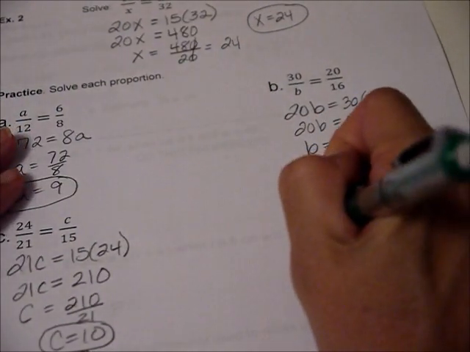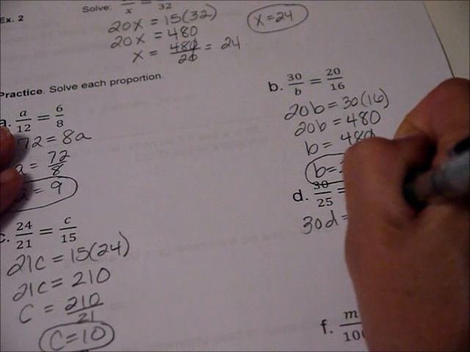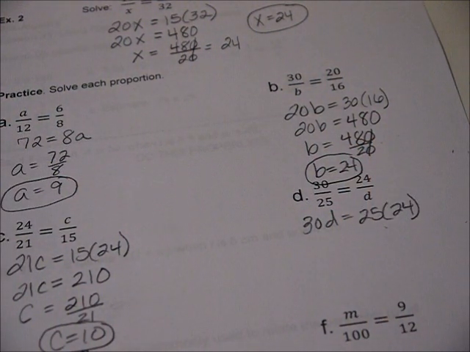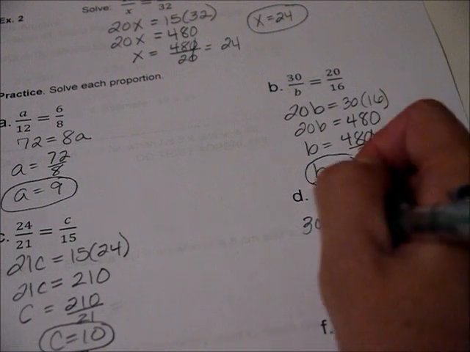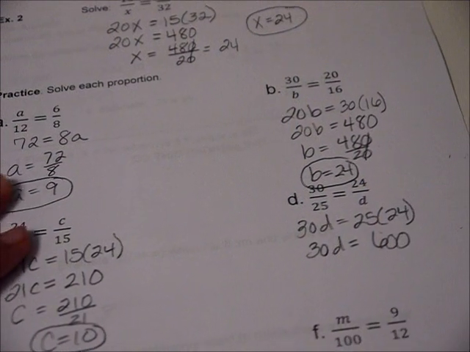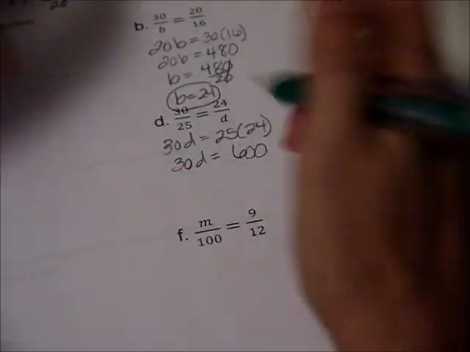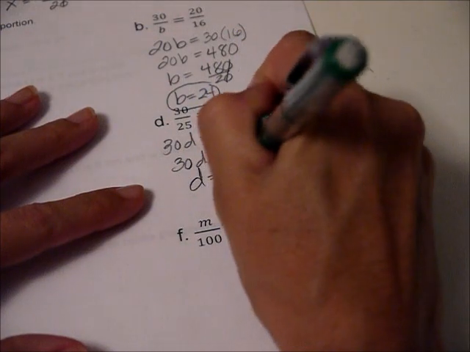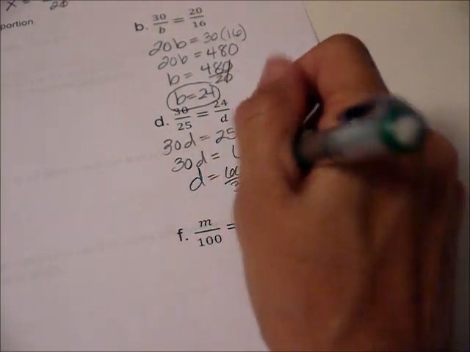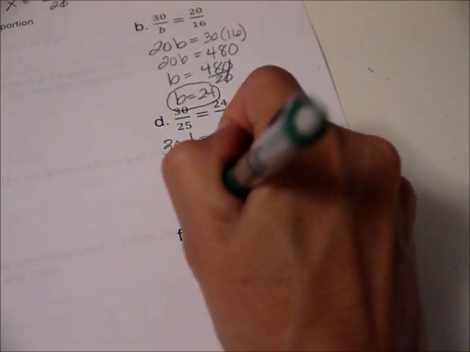Okay, the next one is 30d equals 25 times 24. Well, I know that 25 times 25 is 625, so this is going to be 600. So 30d equals 600. Divide by 30, so d equals 600 divided by 30. So 60 divided by 3, d equals 20.